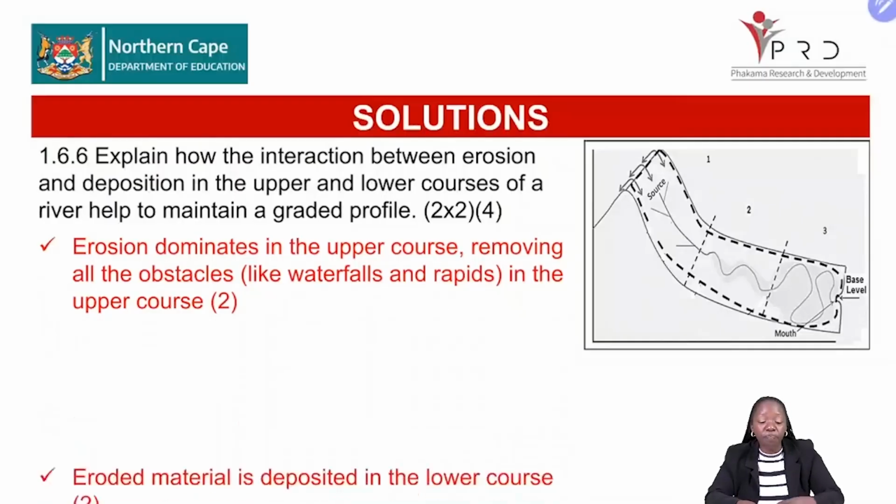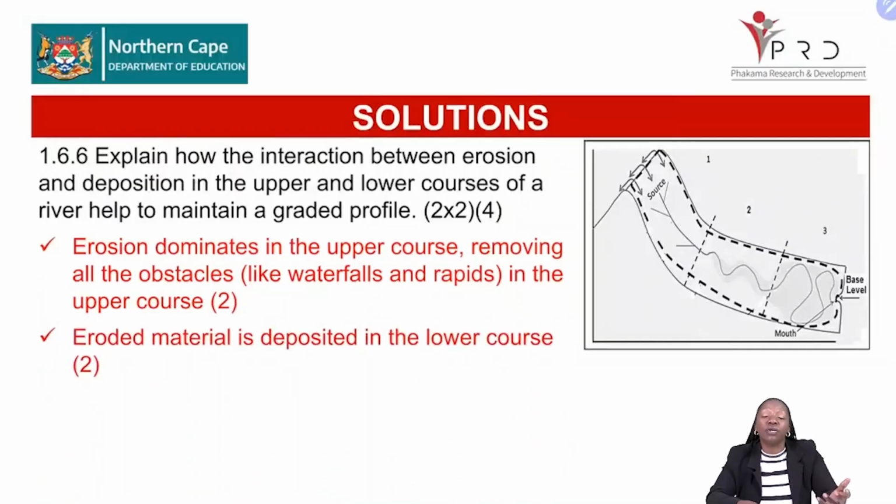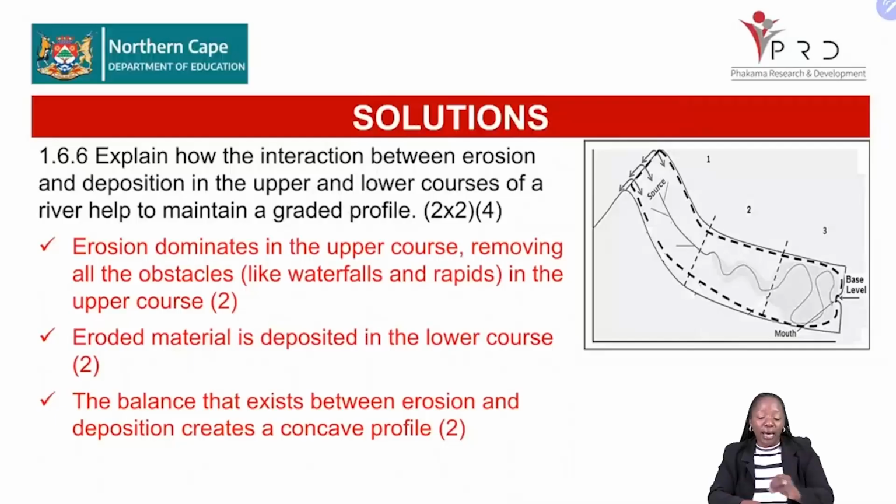Then secondly, the eroded material is deposited in the lower course. Remember, if there is an equilibrium or balance between erosion and deposition, then the river becomes graded. This balance between erosion and deposition creates a concave profile.